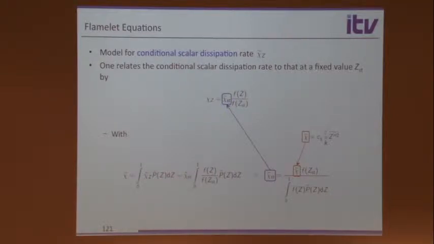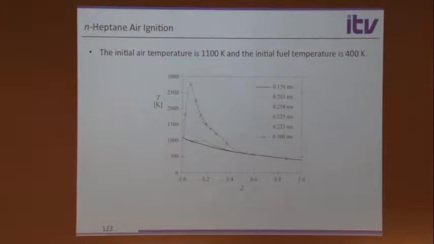Now if I plug this in here, then I can solve this for chi stoichiometric. Chi stoichiometric is just this here, which comes from the turbulence model, times all this stuff. This is just a function of this PDF, so I can evaluate this easily. These are details, but the point is there's only one free parameter here, and that's chi stoichiometric.